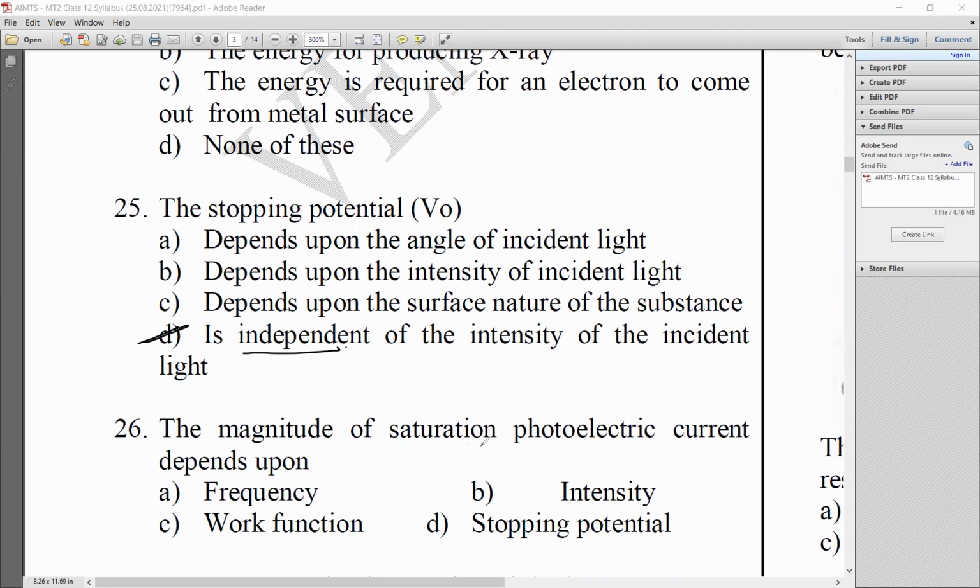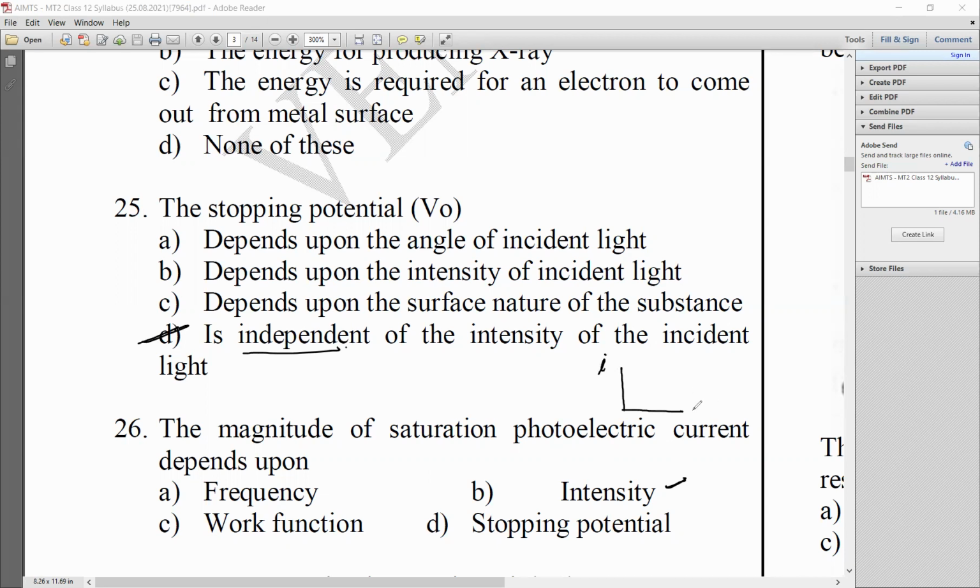26. Magnitude of saturation photoelectric current depends on intensity. Yes, it depends on intensity, right? Higher the intensity, higher the saturation photoelectric current. Remember this graph.